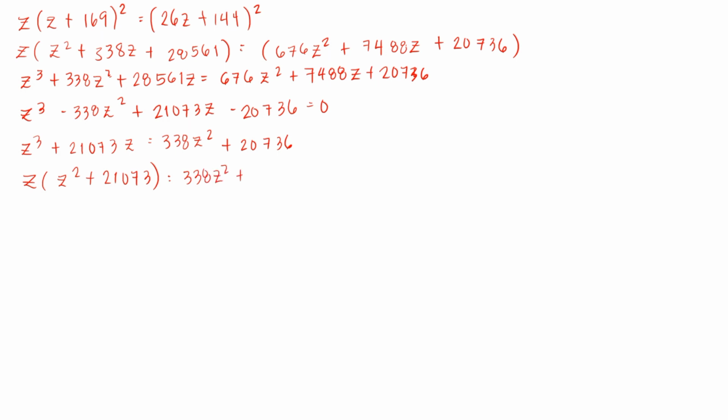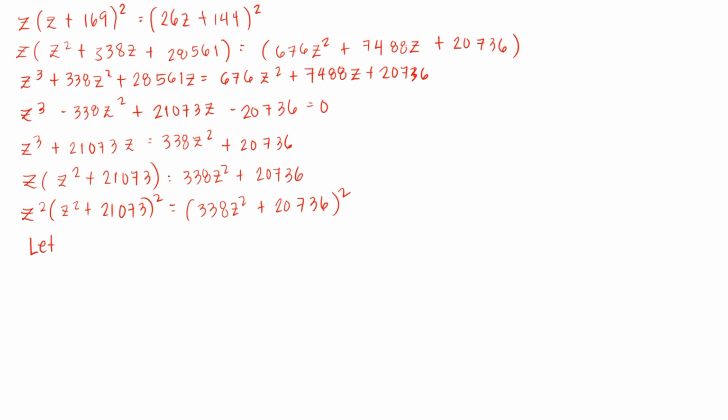Then I will just copy this one. Then next step is square. So I will square both sides. Z squared plus 21,073 quantity squared. Then 338z squared plus 20,736 squared.